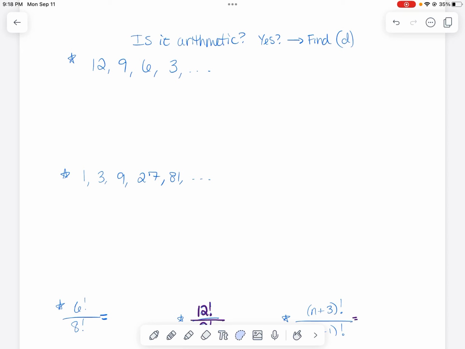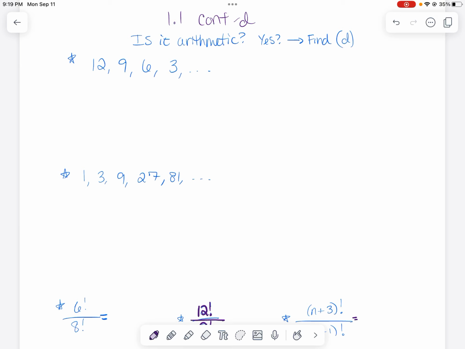So we're going to talk a little bit more about the rest of 1.1, the difference between regular sequences, just plain sequences, and then arithmetic or geometric sequences.